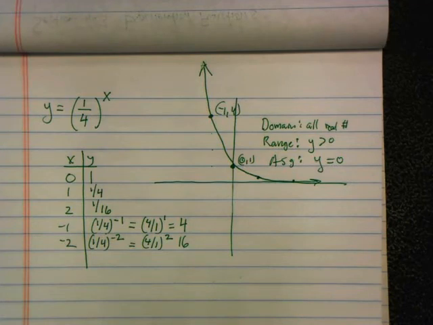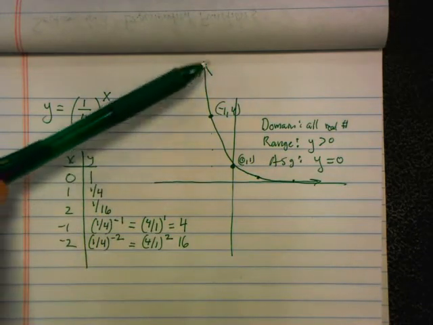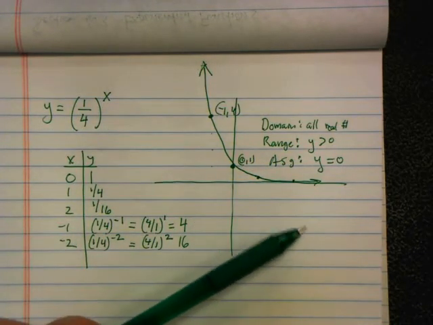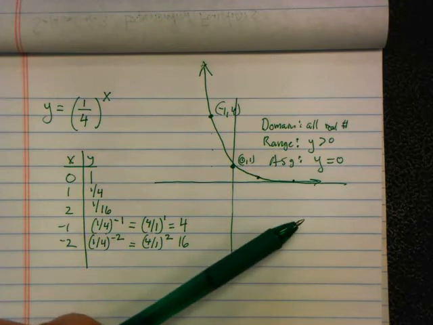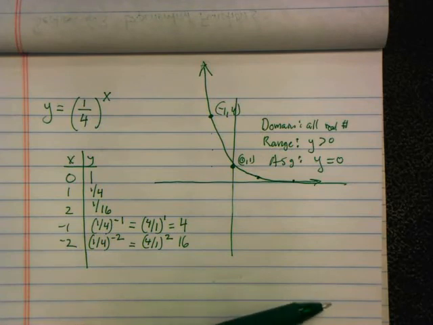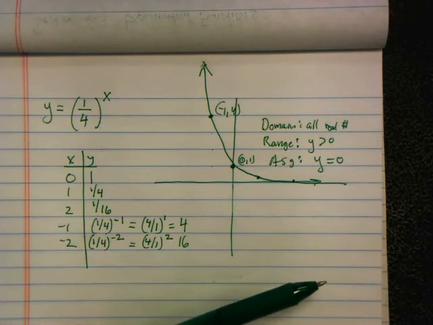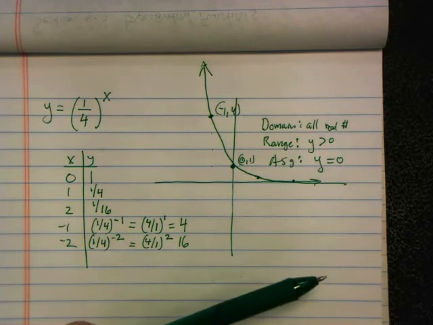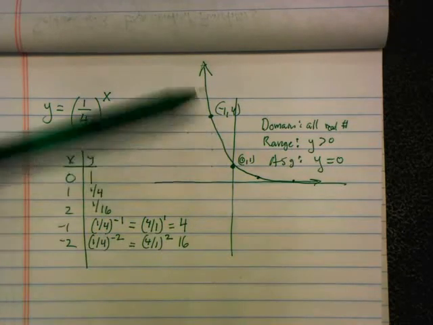The other very common example of decay that we'll talk about is temperature. What happens when you take something that's really hot and you take it out of the oven? It starts to cool. And it cools, it gets closer and closer to what? Whatever the temperature of the room is. So you would have an exponential decay.